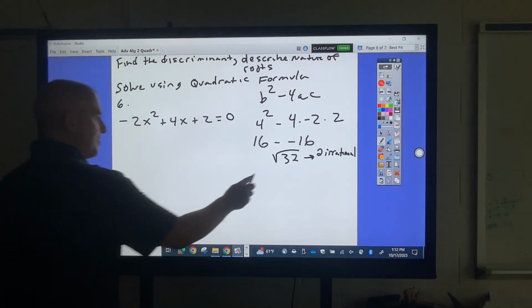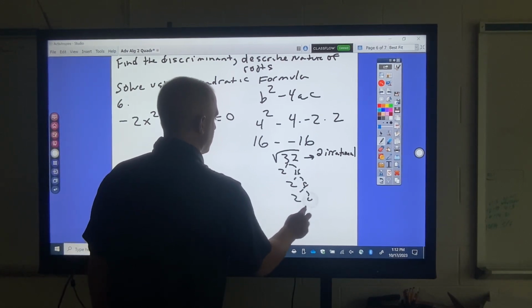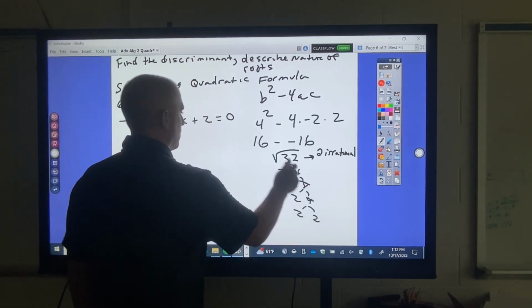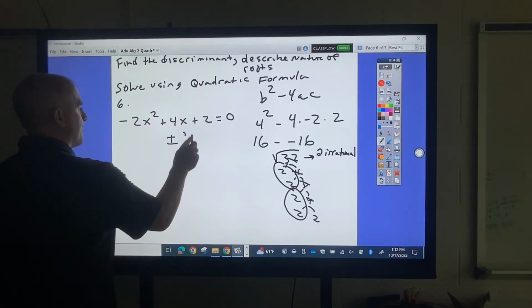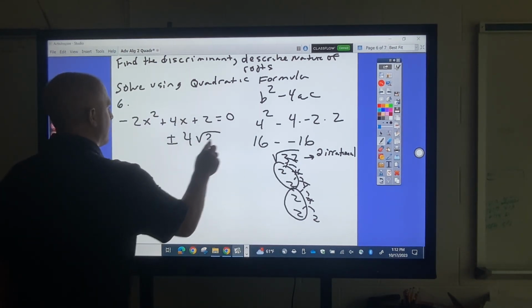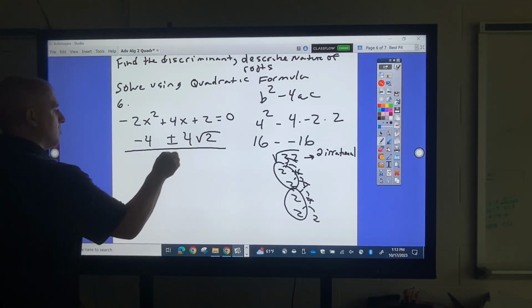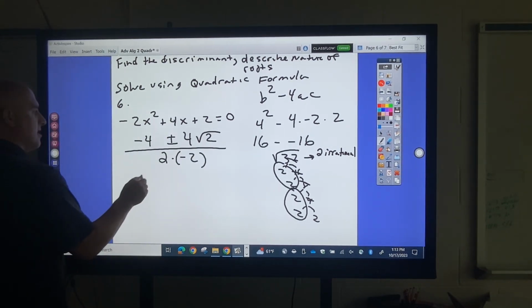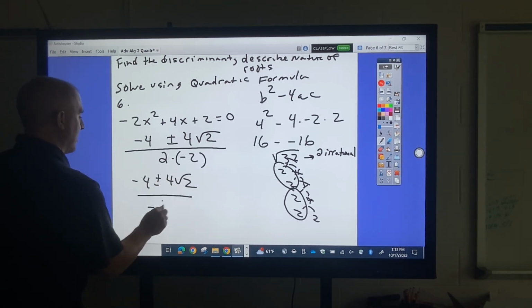So if I break down 32, it's 2 and 16, 2 and 8, 2 and 4, 2 and 2. Pair, pair. So on the outside, I would have 4. And on the inside, I'd have 2. Opposite of that is negative 4. 2 times negative 2, because that's a. Negative 4 plus or minus 4 square root of 2, all over negative 4.